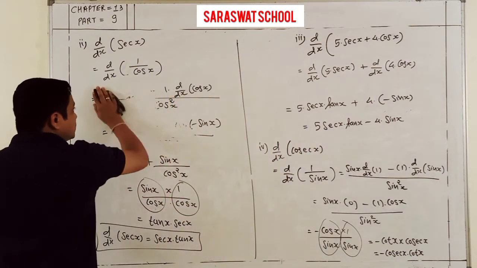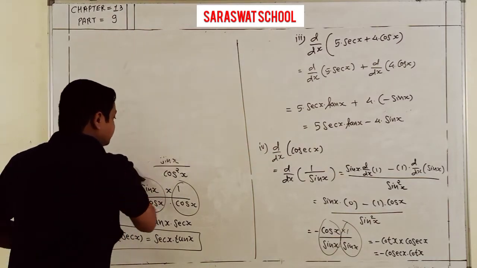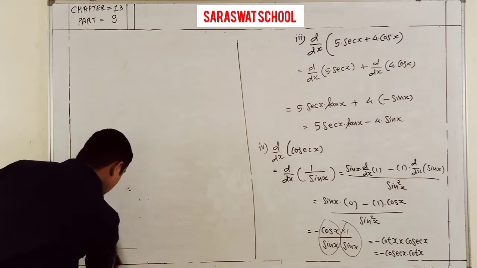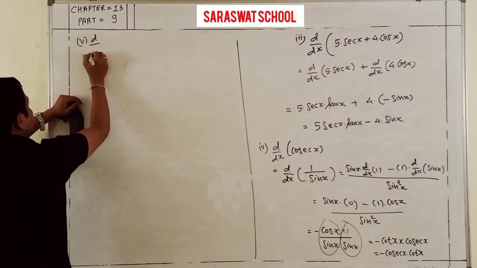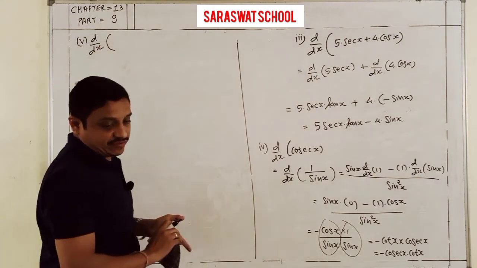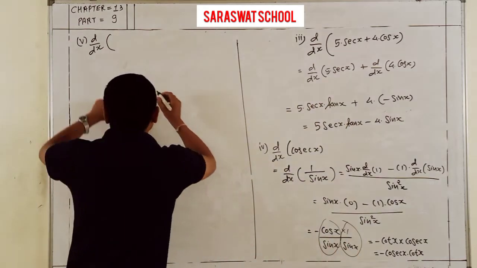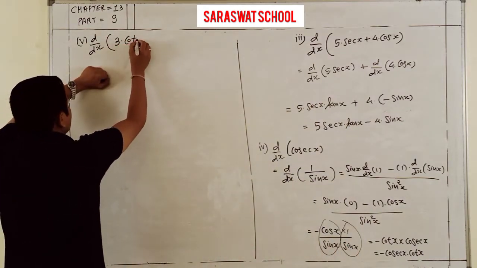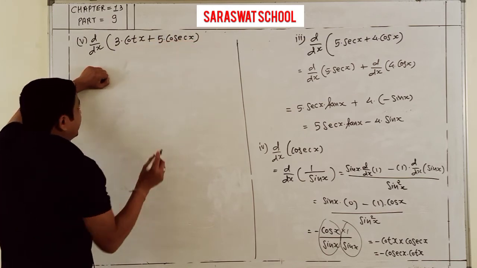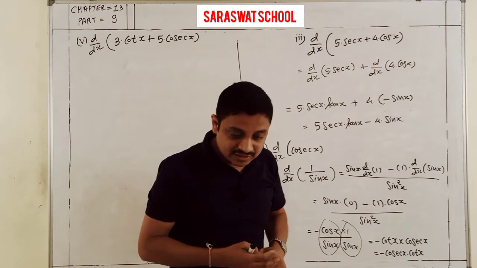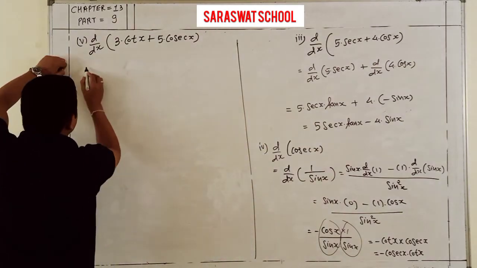Now continue. After the fourth, we go ahead to the fifth one. Fifth is also the same: d/dx of 3 cot x plus 5 cosec x. Again I check, 3 cot x plus 5 cosec x. You know both formulas very well. Just apply the working rule.